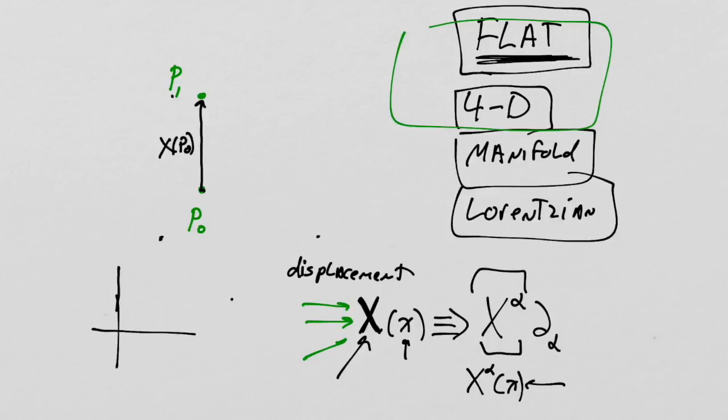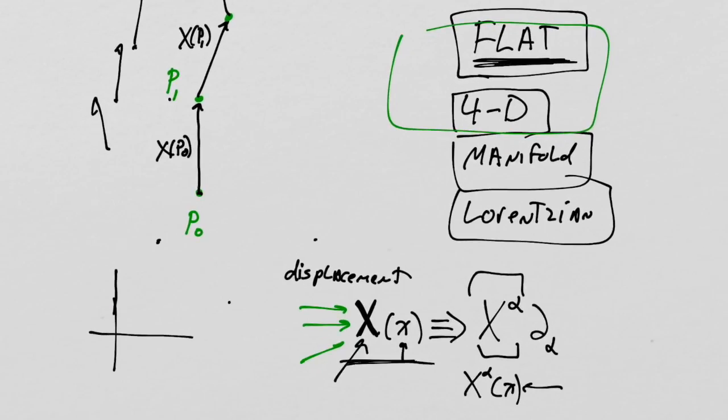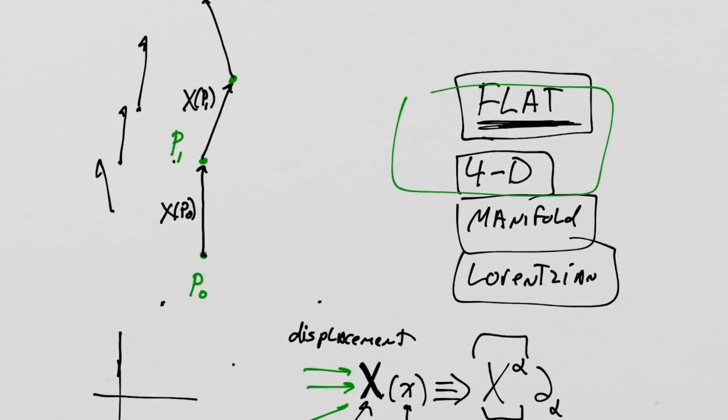And at P1, whatever point that is, there might be another displacement vector, which would be X at P1. And that might take us to some other point, which will also have a displacement vector. Every other point out here will also have its displacement vector associated with it, because every point in spacetime has a vector associated with it, because we have defined a vector field on the spacetime.